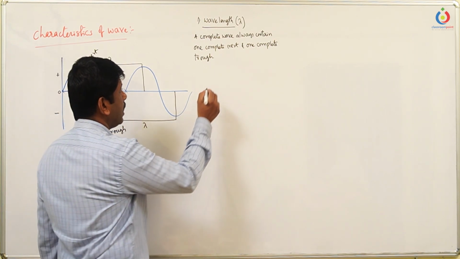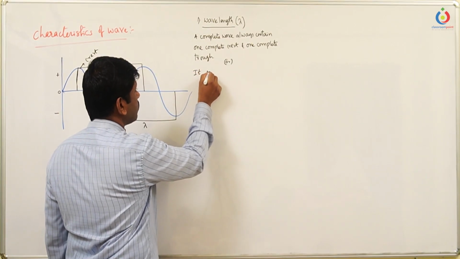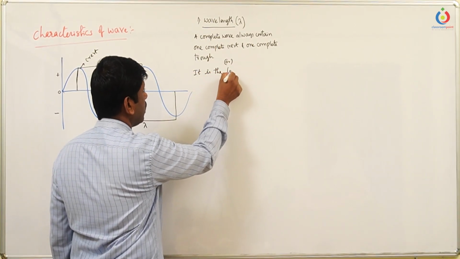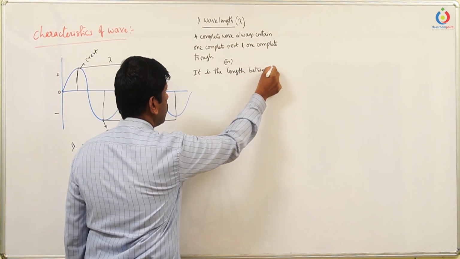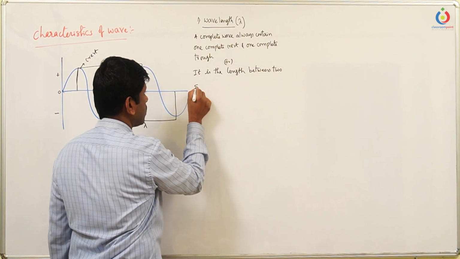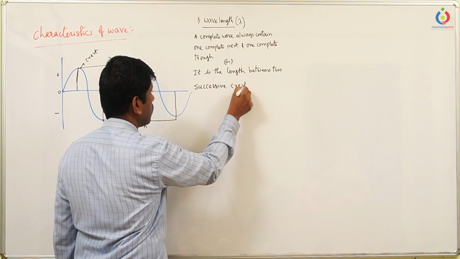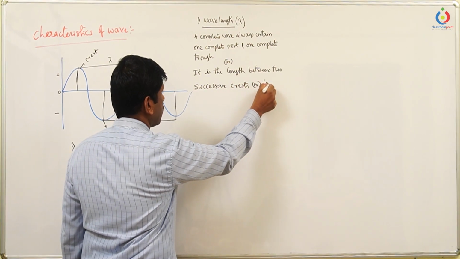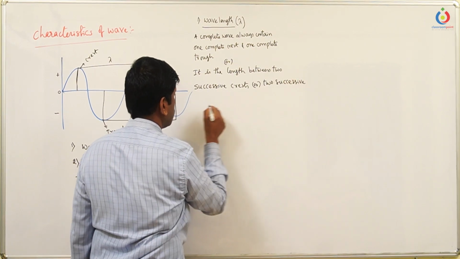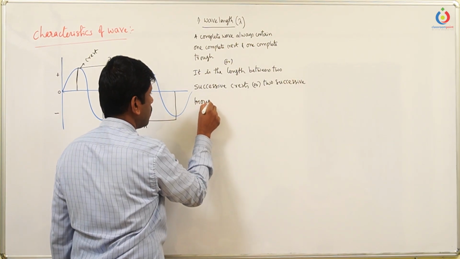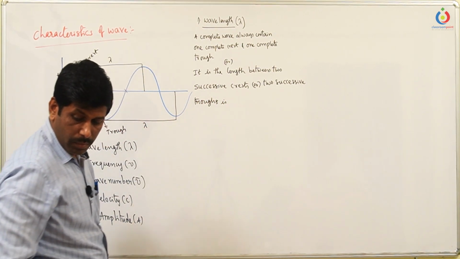So we can write down that it is the distance or length between two successive crests or two successive troughs is known as the wavelength.